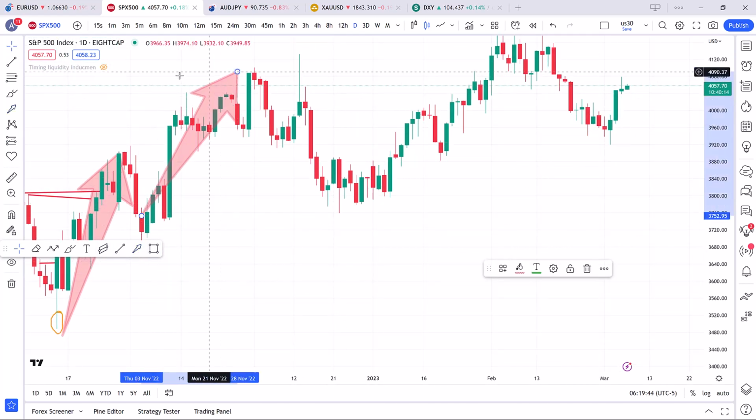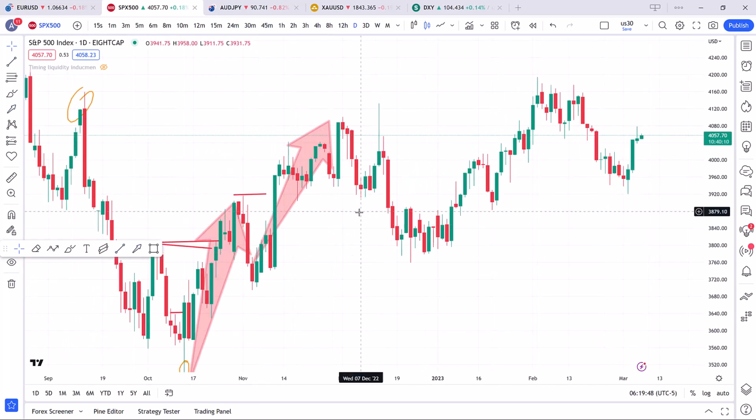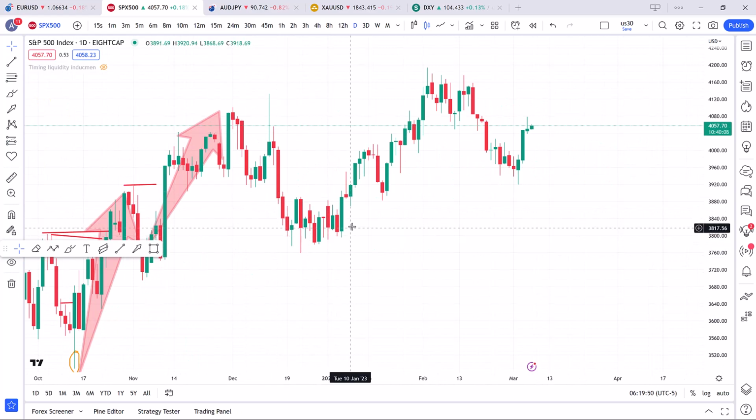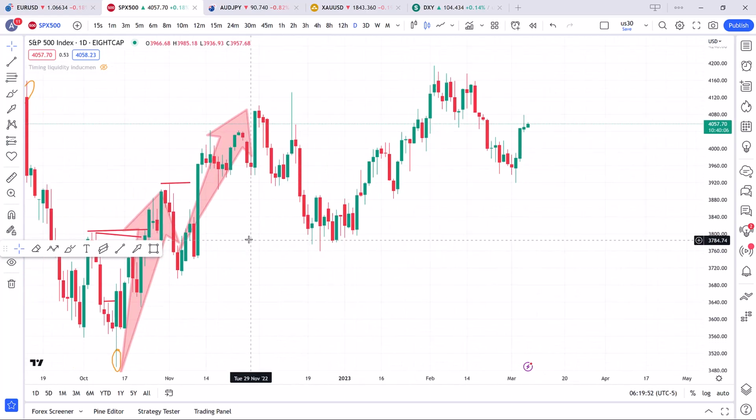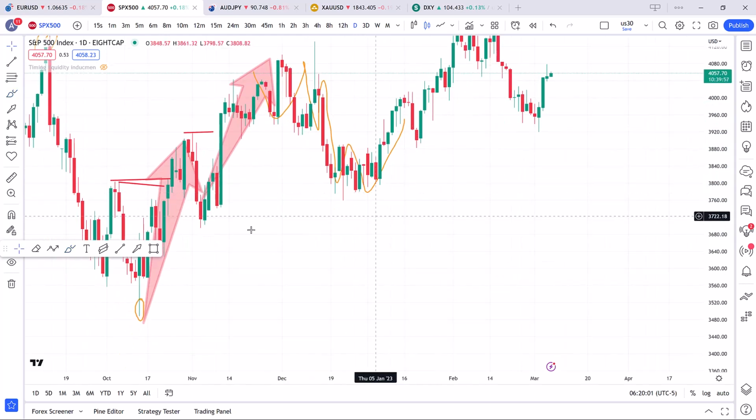Again, it broke the structure. It is daily, so it is cleaner. And when I say that sometimes the pullbacks are complex and you may get confused, it is something like this. You can see that it came up, it came down, it came up, it came down, it came up, it came down, but anything that happens in this leg is just a pullback, and it is likely to go higher.